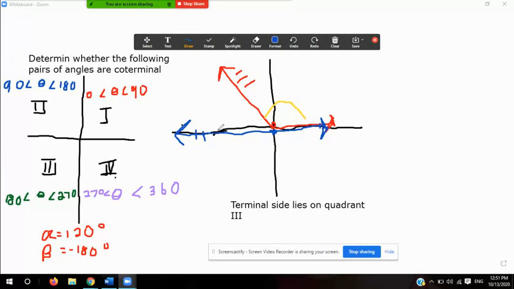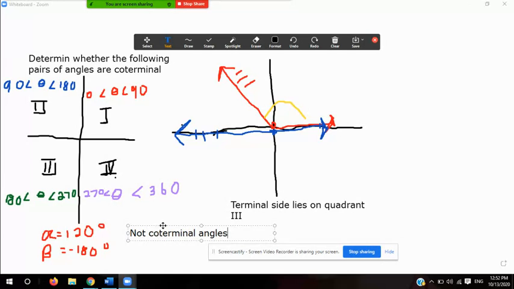Had this terminal side, the one shaded in blue for the 180, finished somewhere else and they had the same terminal side, then that would be coterminal. But since the terminal side of 120 is here and the terminal side of negative 180 is here, they are not coterminal angles. So we simply indicate them as not coterminal angles.